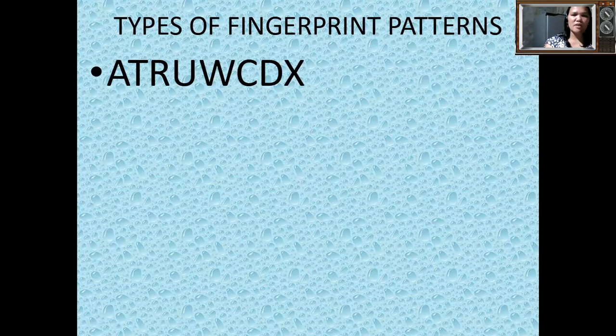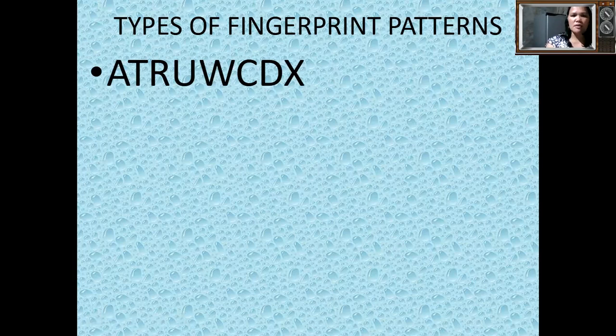So just like what I made mention a while back, in the arc pattern the percentage of appearance is 5%, loop is 60%, or in some other books, 60 to 65%, and whorl pattern is 35%.